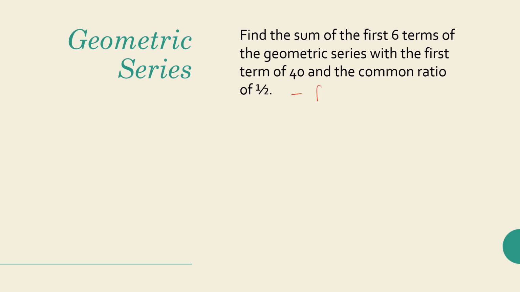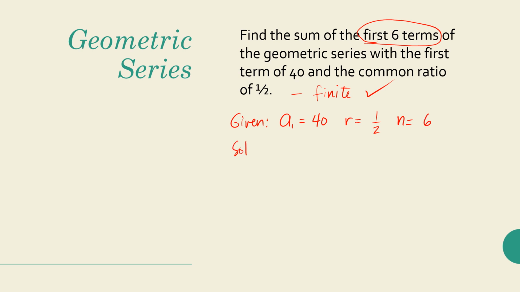If you say finite, then you are correct, because this problem mentions the first 6 terms. So our given: the first term is 40, the common ratio is 1/2, and the value of n is 6 because we are talking about the first 6 terms.